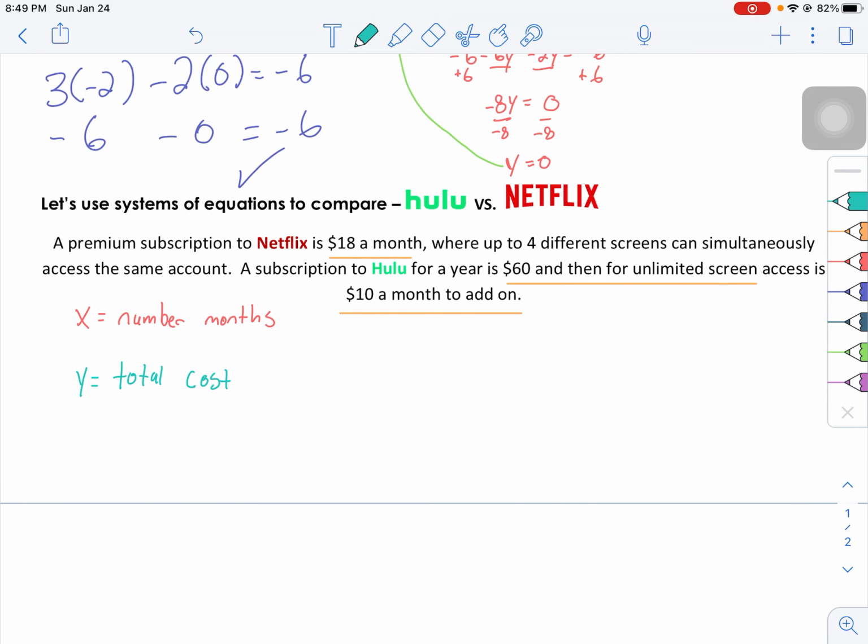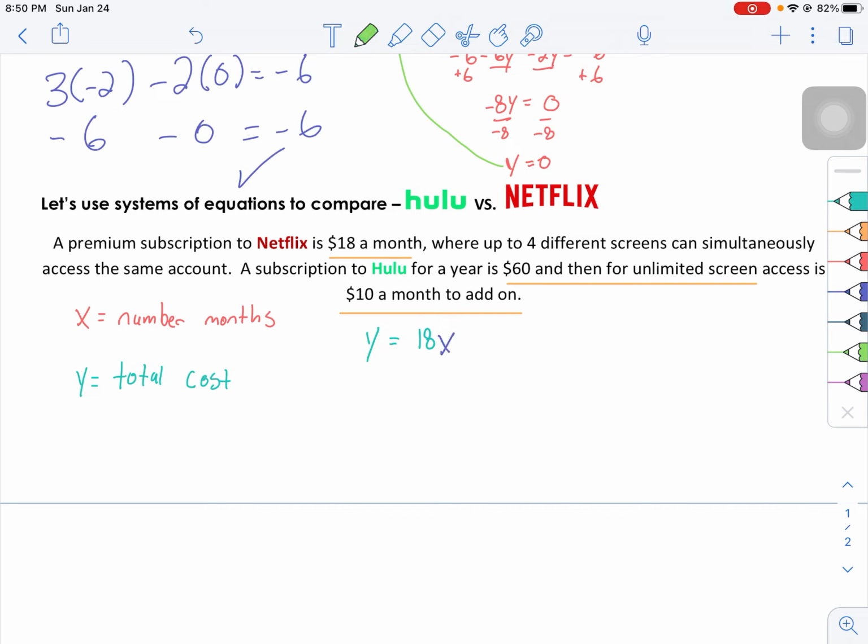So, here we go. We know that our total cost Y for Netflix is going to be equal to $18 times the number of months we can watch it.